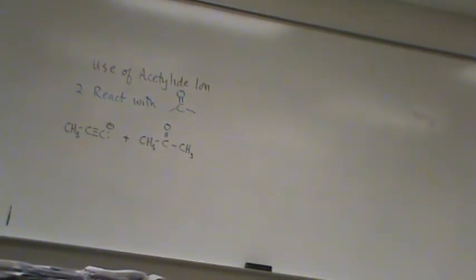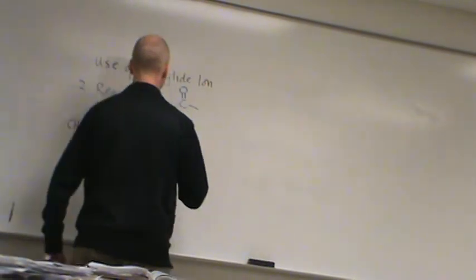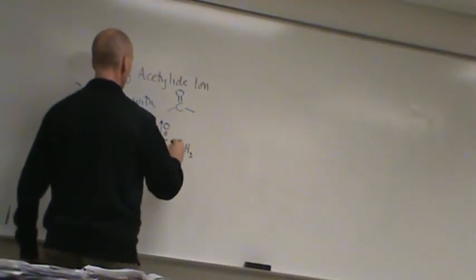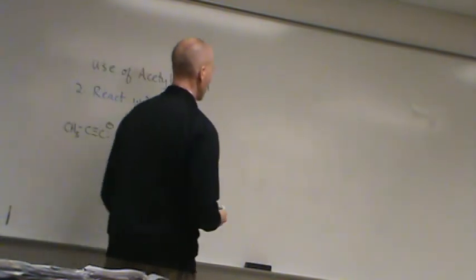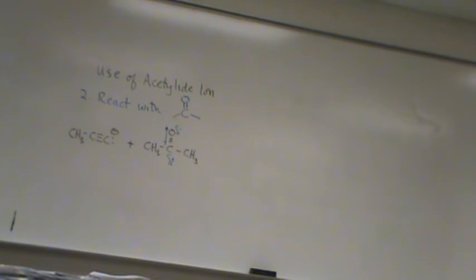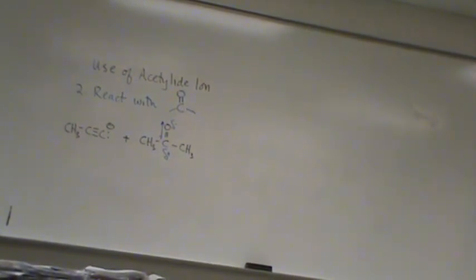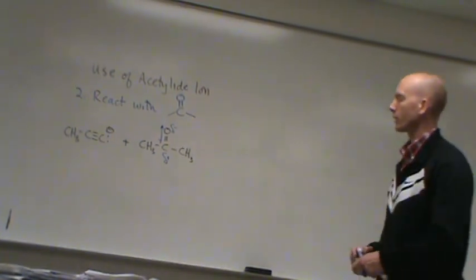Well, this C double bond O has a dipole moment. So we have these partial charges here. So where do you think the nucleophile would want to attack? The carbon with the delta plus.